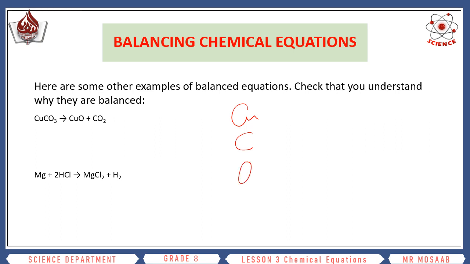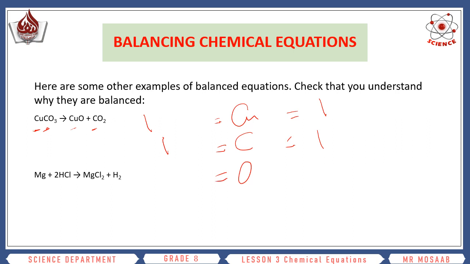In the reactants we have 1 copper, in the products also 1. For carbon, how many carbon atoms in the reactants? Here, as you can see, this is the copper, this is the carbon. Carbon we have only 1. And in the products C also we have 1. So carbon atoms also are equal.